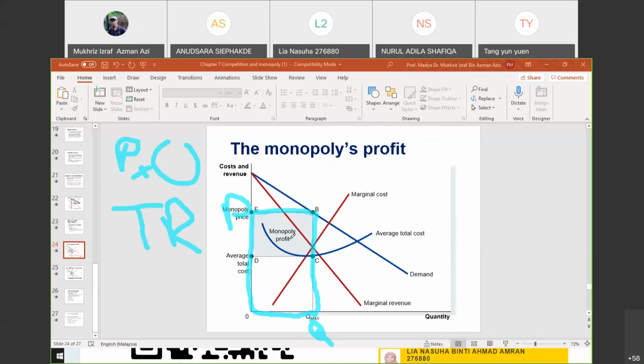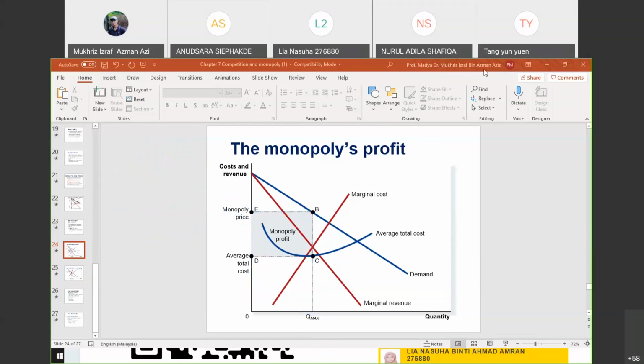So where is the total cost? If you look at this, along the same line, when the line cuts your average cost curve, this blue line, at this point you get the average cost. Recall from last Monday, average cost is equal to total cost divided by quantity.